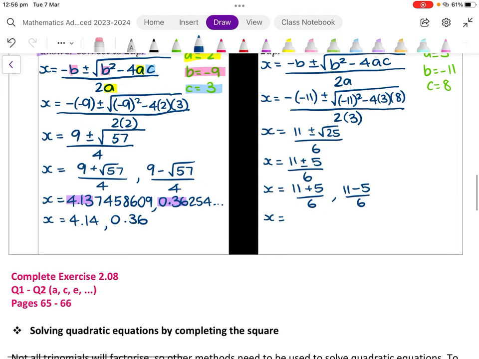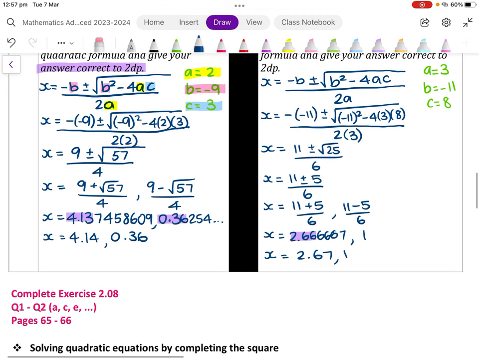So for x, we get 11 plus 5 all over 6 is 2.666667, and 11 minus 5 over 6 is equal to 1. So to 2 decimal places, 2.67 is our first answer, and we have 1 as our second answer.